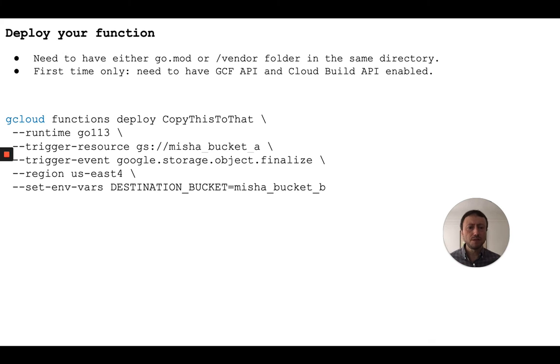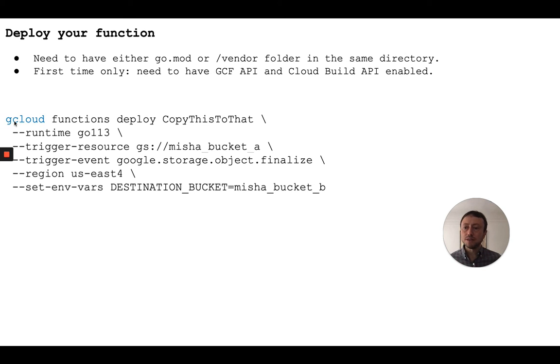You need to have your vendor folder with all of the dependency code in the same directory as the Cloud Function. And also, when you're deploying for the first time, you need to make sure that you have the Google Cloud Functions API and the Cloud Build APIs enabled. If you use the gcloud CLI command to deploy, it will be using Cloud Build under the covers, so both of these need to be enabled.